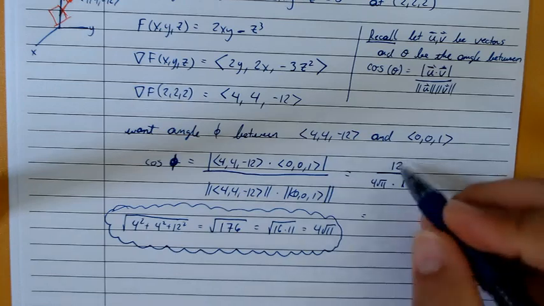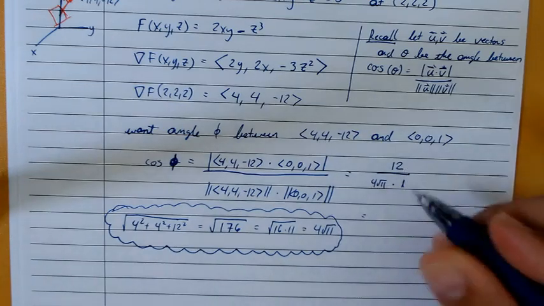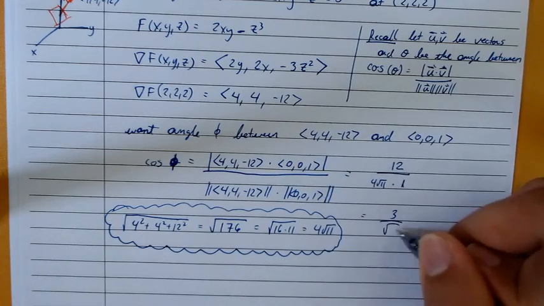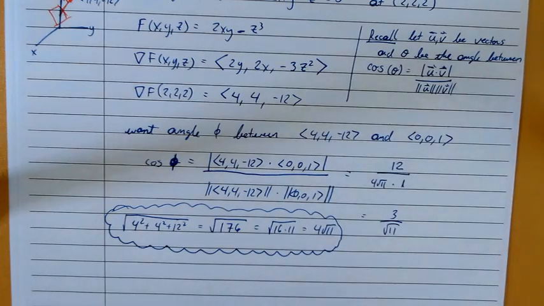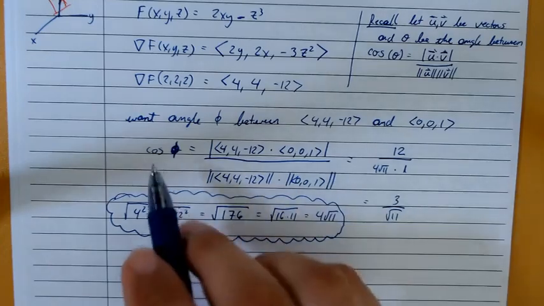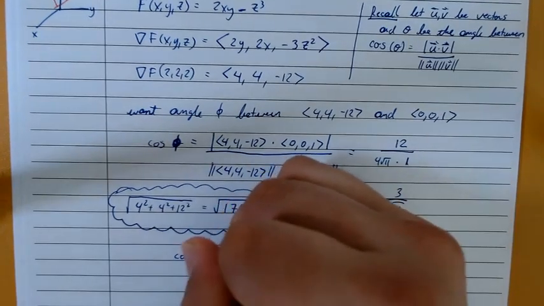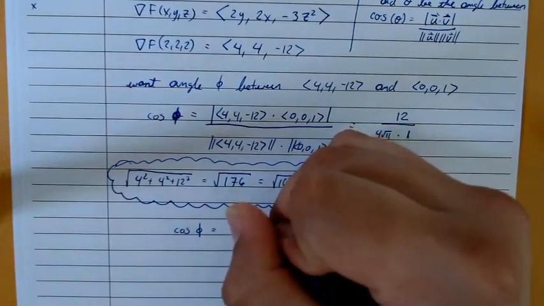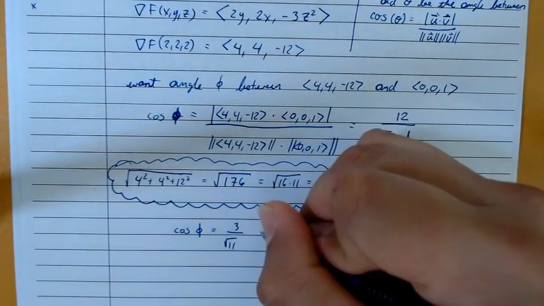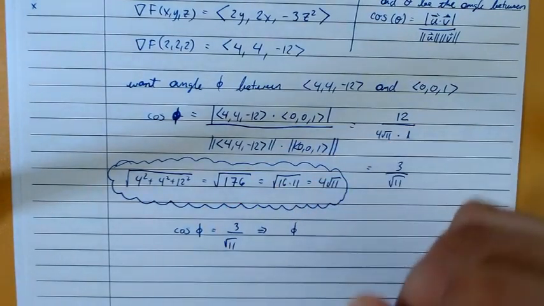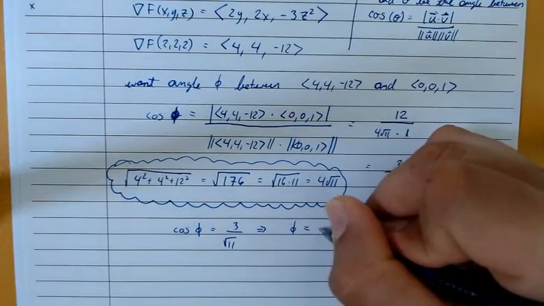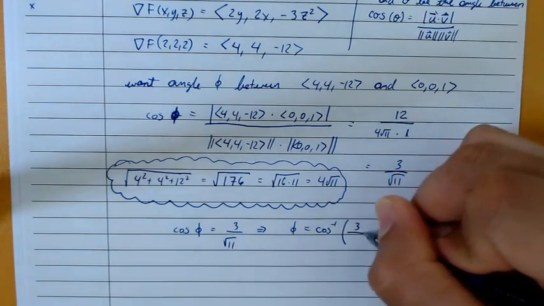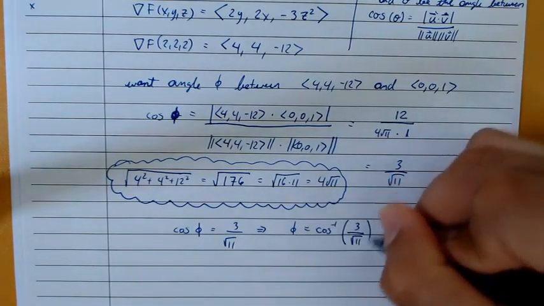So that's going to equal, here 4 goes into 12 3 times, so that'll be 3 over root 11. That times 1 doesn't really change much of anything. So that means that the cosine of phi, I finally said it right, is equal to 3 over root 11, which means that phi, the angle that we're looking for, is going to be the arc cosine, or the inverse cosine, whichever language you prefer, of 3 over root 11.